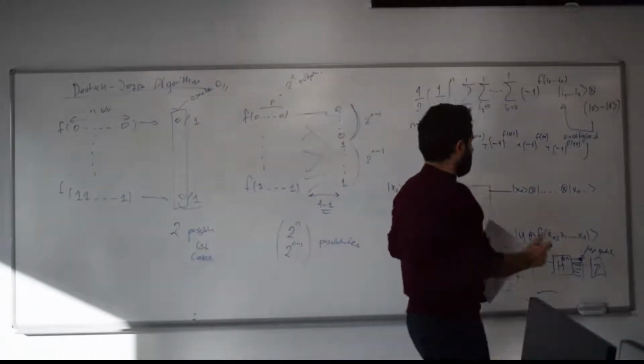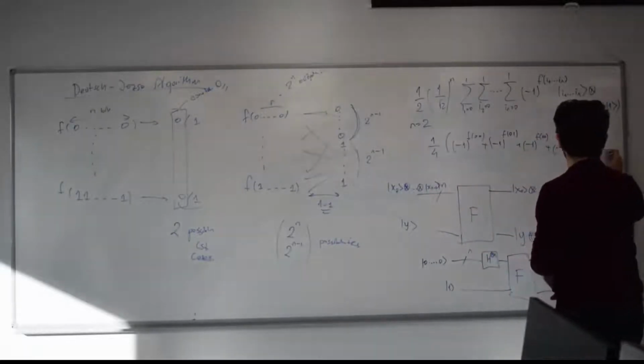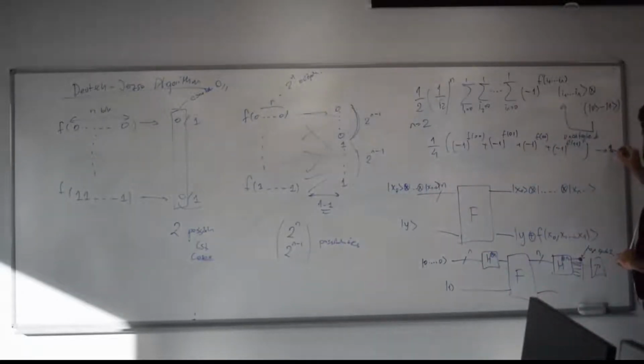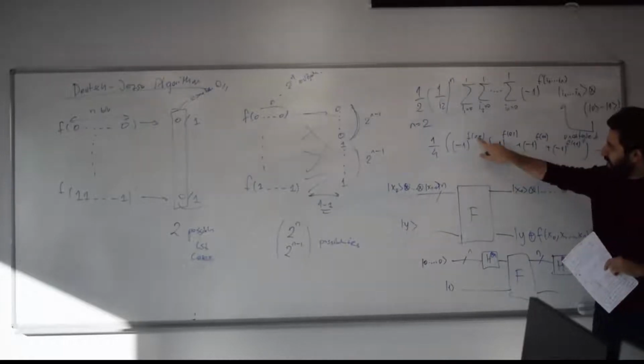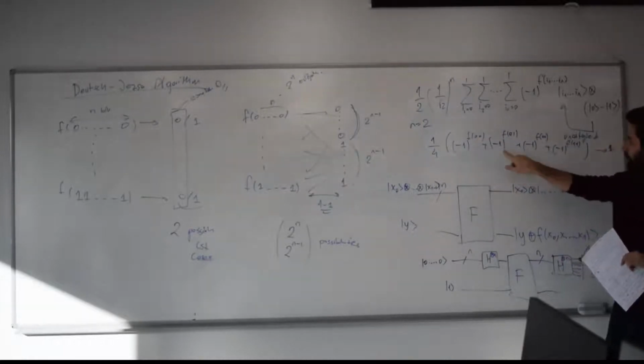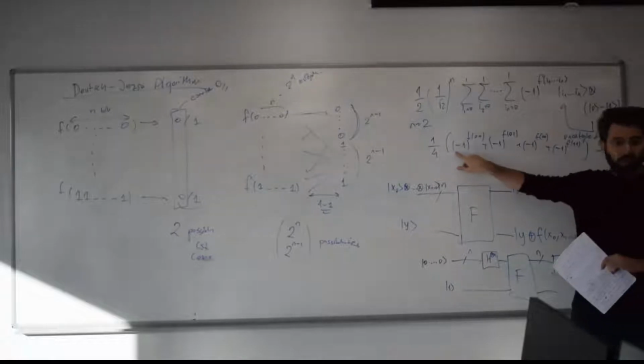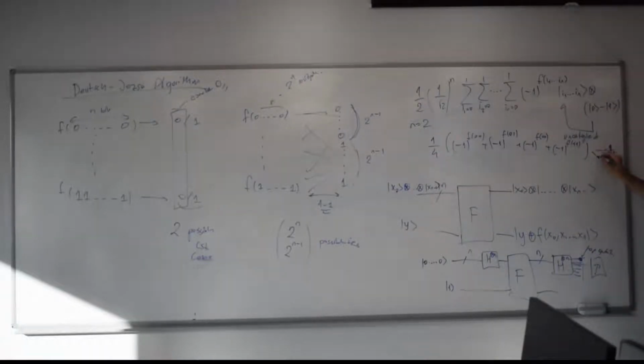So if f is constant, this could be either 1, 1, 1, 1, or minus 1 raised to the power 1, which gives you minus 1. Minus 1, minus 1, minus 1, minus 1 is minus 4, divided by 4 gives you minus 1. So in either case, if you measure it, you will get all zeros with probability 1.